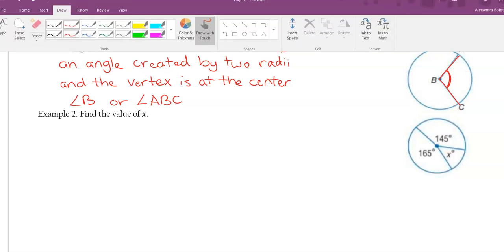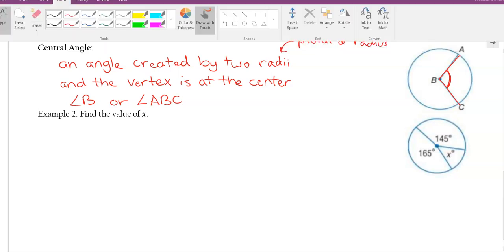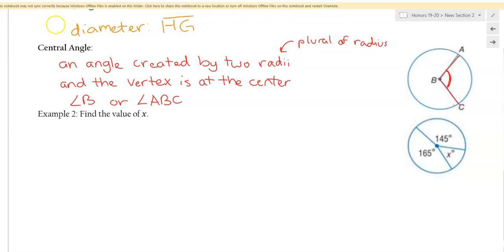Looking at example 2, find the value of x. One thing we need to know, a whole circle is 360 degrees. So a whole circle is 360 degrees.